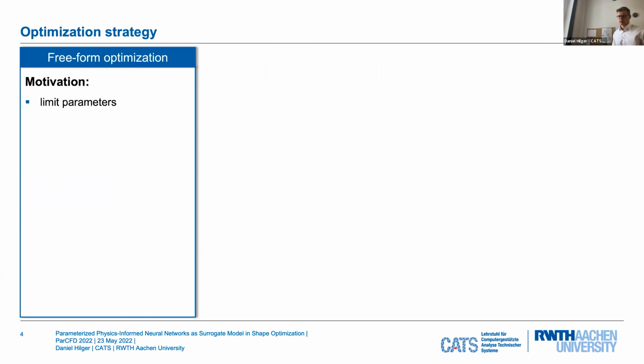The optimization strategy that we pursue is the so-called freeform optimization strategy, where our main goal is basically to limit the number of parameters that we optimize in order to obtain a deformed shape. How do we do that? We take our computational domain.